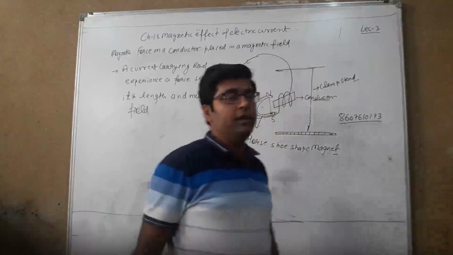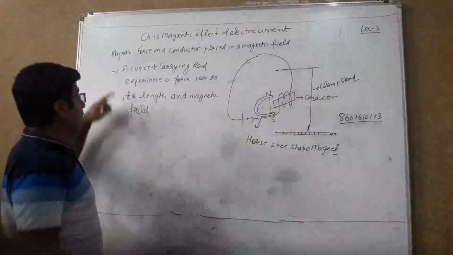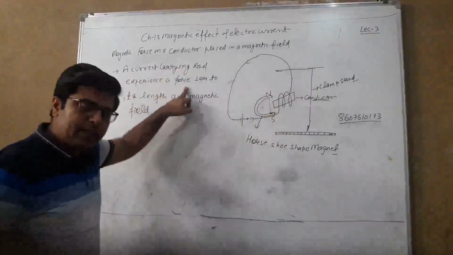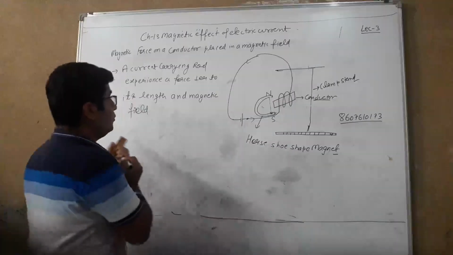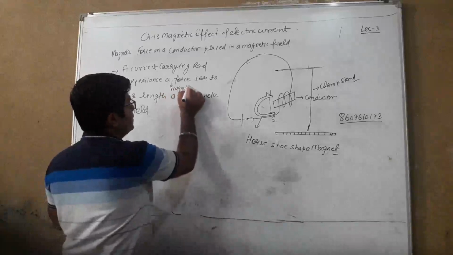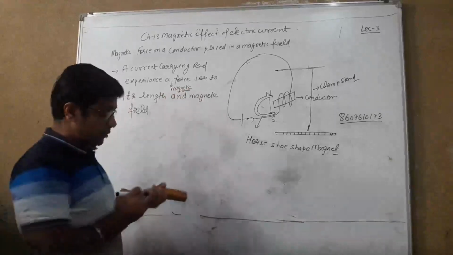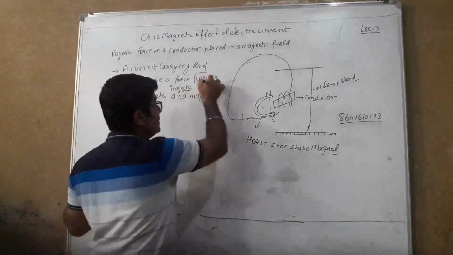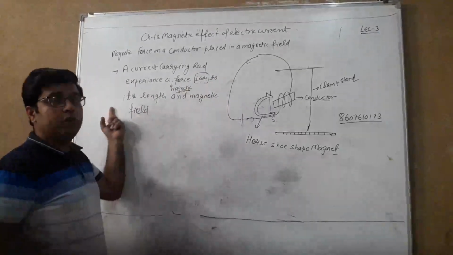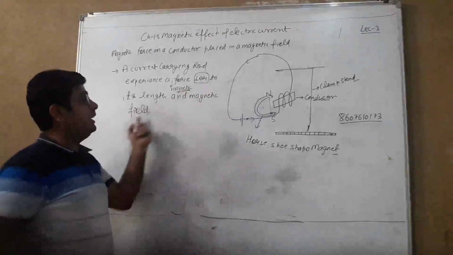But the thing is, a current carrying rod experiences a force, and that force is magnetic force, perpendicular to its length and magnetic field.